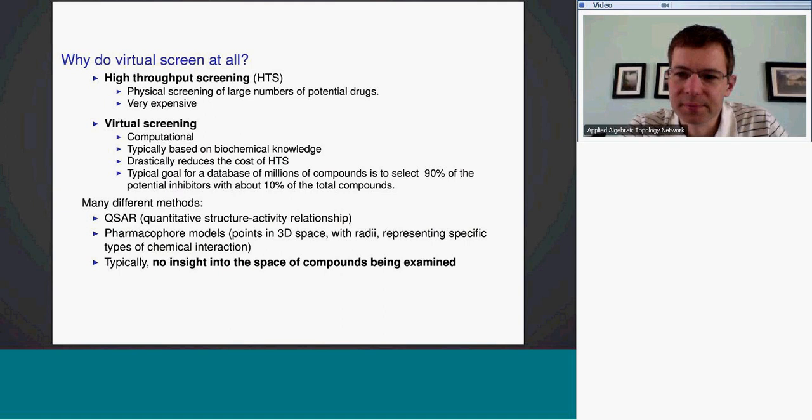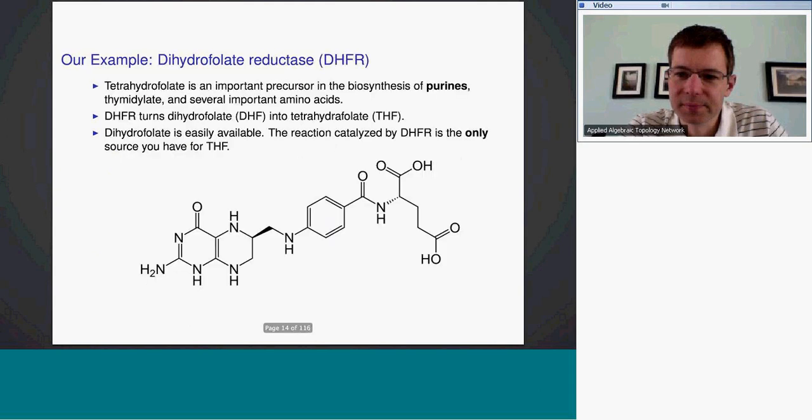There are lots of existing methods for doing this, looking at structure information, chemical information, fingerprinting, etc. One thing that's going to be different about our method is that we're going to understand something about the space of compounds, and not just individual compounds on their own. I'll show how that comes in a little bit later. So just to regroup, our goal is to find a set of relevant bioactive compounds in the database.